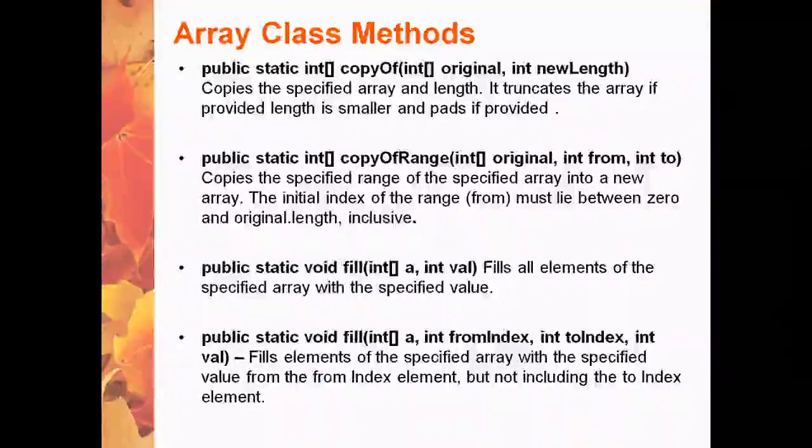Okay, then we have a method that is public static int array. Just check the return type here: it is not a simple value, it is returning an array, and the method name is copyOf. As the name suggests, the copyOf method simply creates another copy of an array. So copyOf takes the original array, whatever array you want to pass, then an int new length, the length of the new array you can pass as an argument.